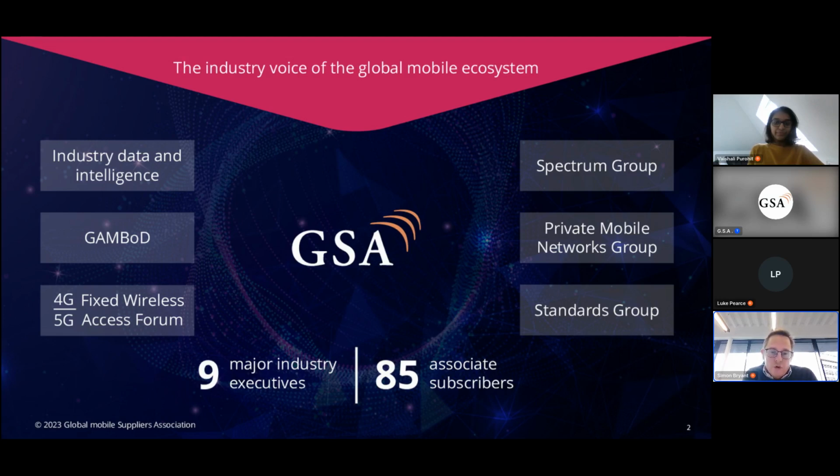Most of our reports draw upon data within the GAMBOD database, which I referred to earlier, which is an interactive online database tool that allows you to explore the wealth of information we have in-house. As well as the data and research that we're publishing, we have several focused working groups and forums, including the 4G-5G fixed wireless access forum, which I'll talk about a little bit after Vishali's presentation, and the Spectrum group, and the private mobile network special interest group as well.